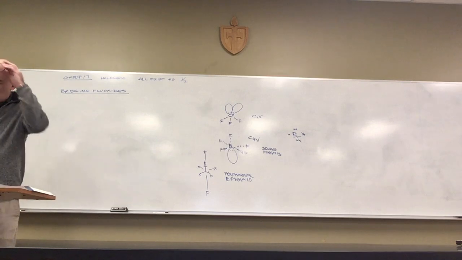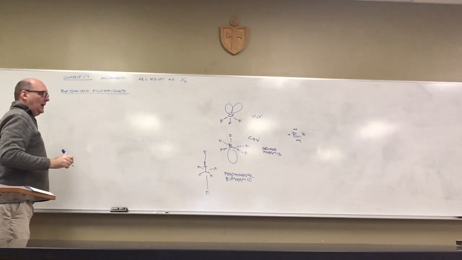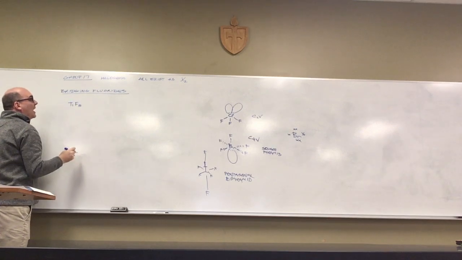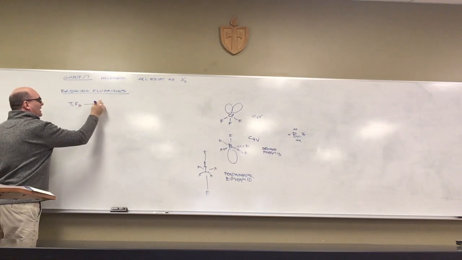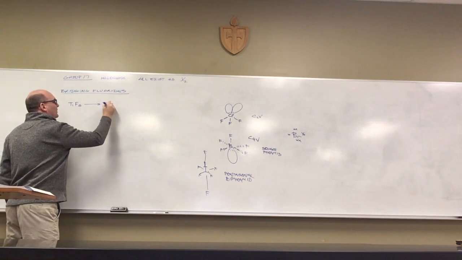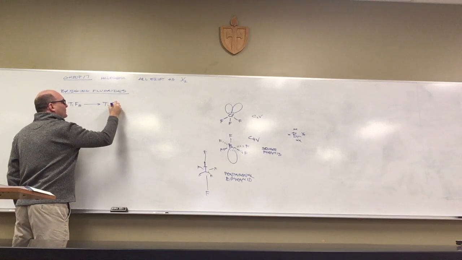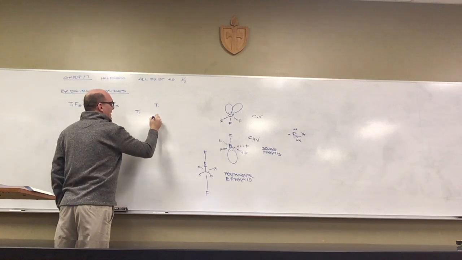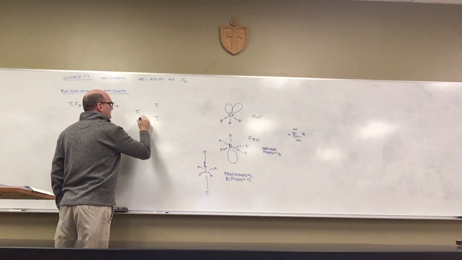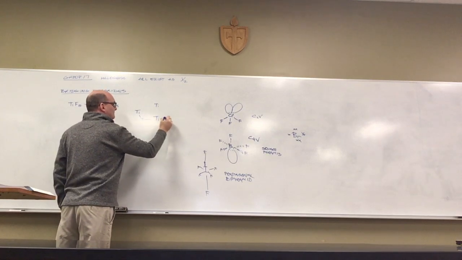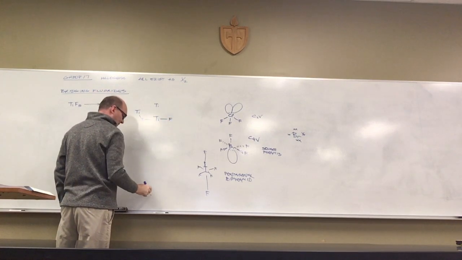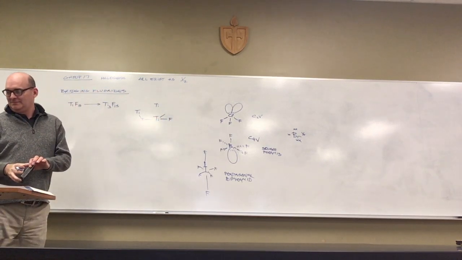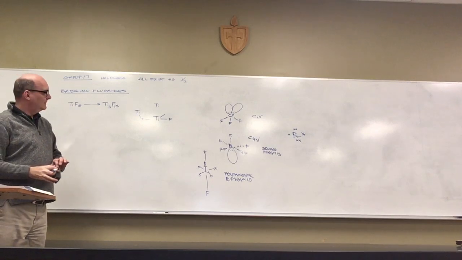Fluorides can bridge just the way that hydrogens can. If I made titanium F5, titanium F5 will trimerize to Ti3F15. There's titanium. Here's another titanium. Square pyramid, if I draw the pyramid.